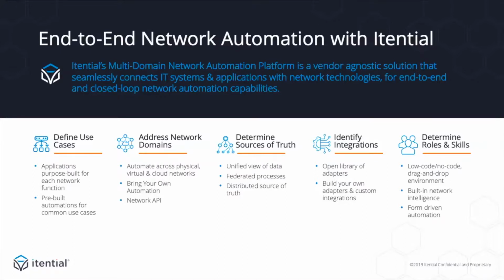And then the next 2 is really around getting the source of truth and integrating with the rest of your IT and SaaS ecosystem. And we've been working very hard on the commoditization of all of these APIs. So when you think about all of your network choices, your multi-vendor choice, your controller choice, your cloud choice, your branch choice, a lot of what we consider the modern network is providing robust APIs.